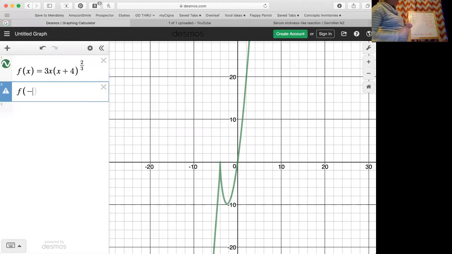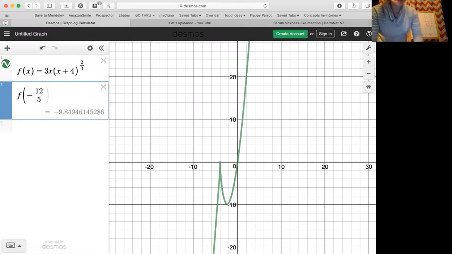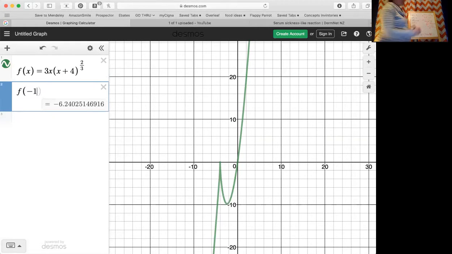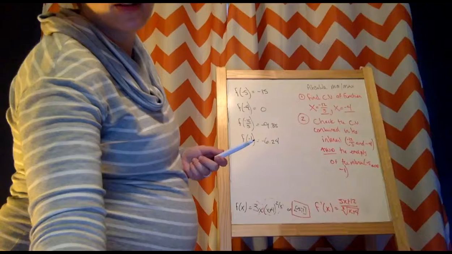And then I want to know f of -12/5, which Desmos tells me is -9.85. And then I want to know f of -1, which Desmos tells me is -6.24.